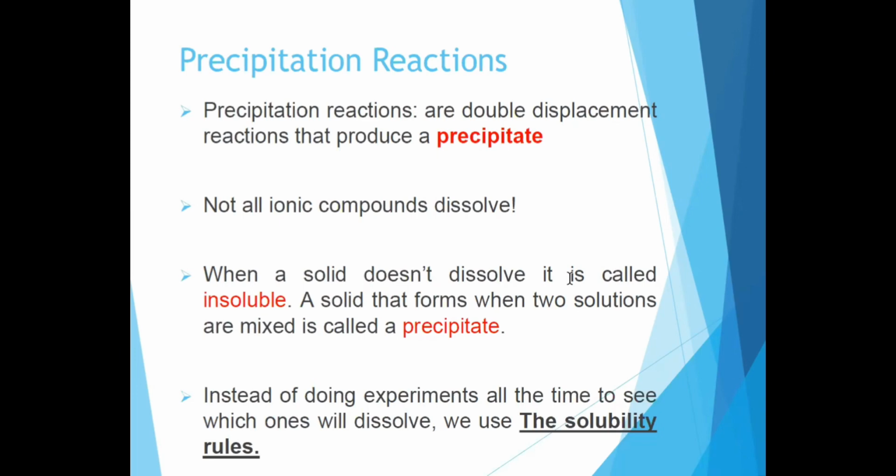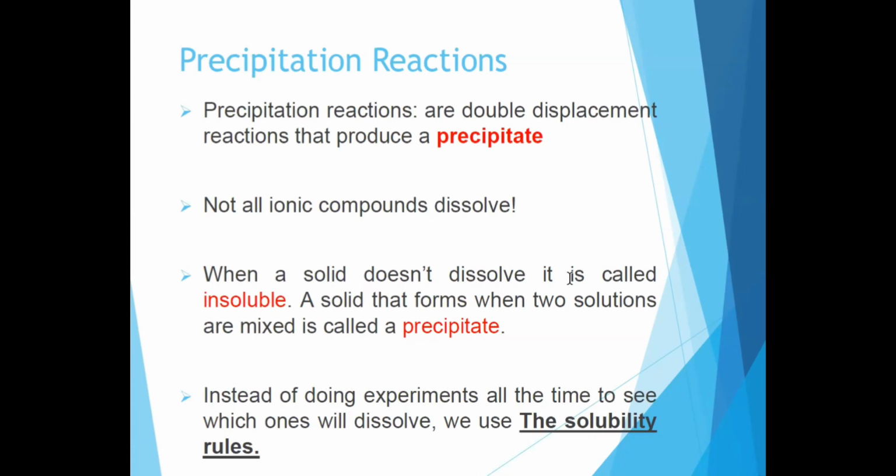What's a precipitate? It is a solid that is formed when two substances are mixed together. So if you mix two chemicals together and at the bottom we see some solid objects, those solid objects we call precipitates. Because they're solid, they're going to be in a solid state, right?